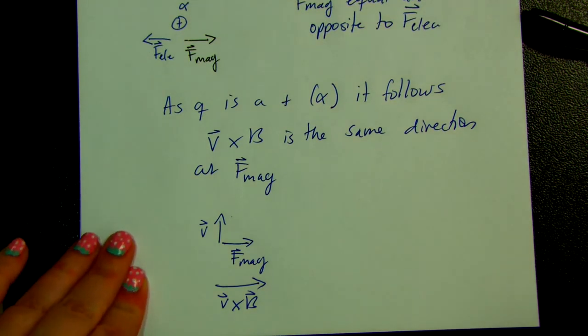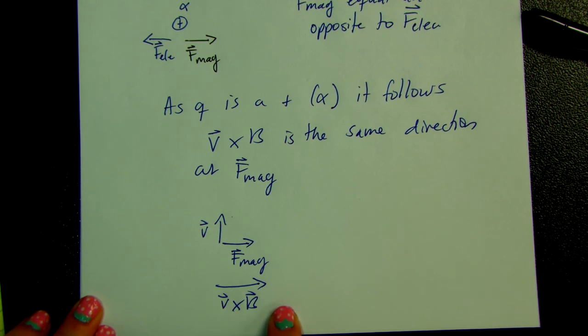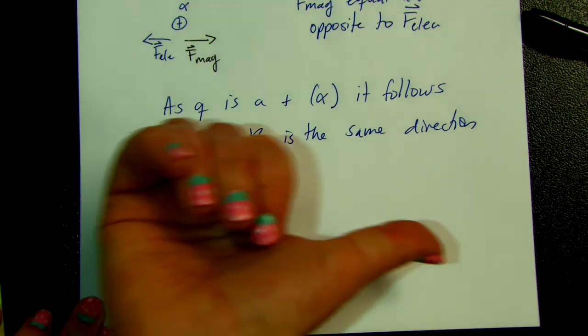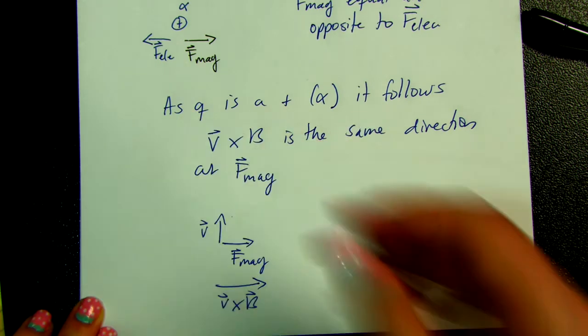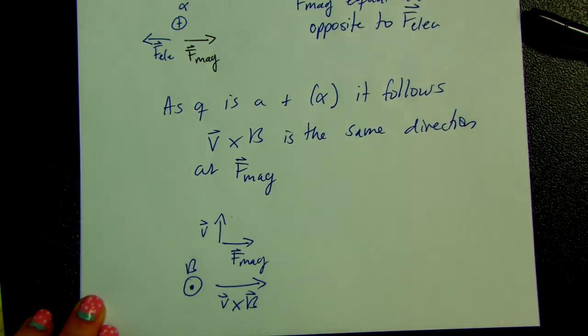All right, so we're going to have to use the right-hand rule and a little bit of trial and error. So remember, the product of the cross product using the right-hand rule is going to be the direction your thumb is pointing in. So if we point our thumb in that direction, we see that our fingers have to be pointing up. So therefore, the magnetic field B must be out of the page.